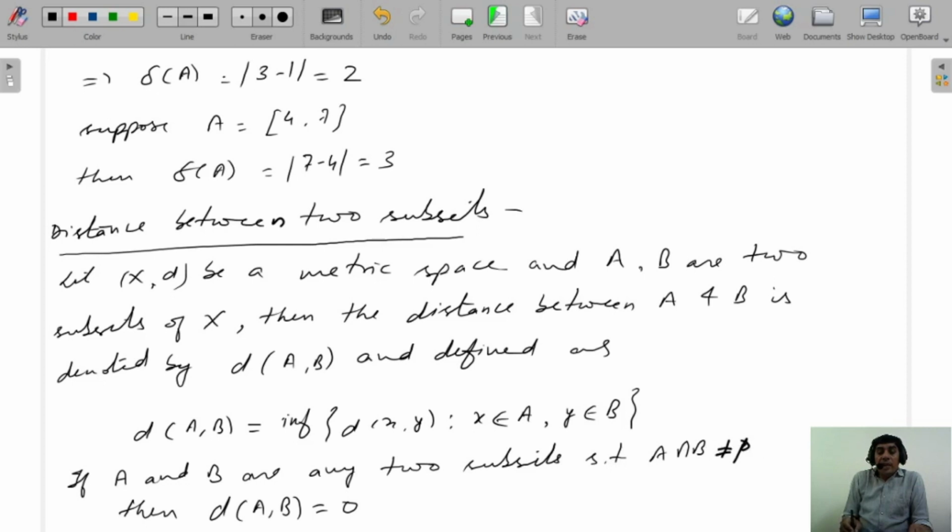Because if A intersection B does not equal to phi, therefore there is a point which is common to A as well as in B. So the minimum distance between A and B becomes 0.